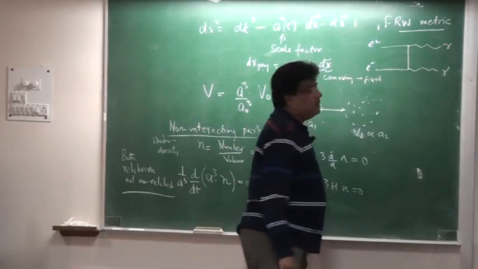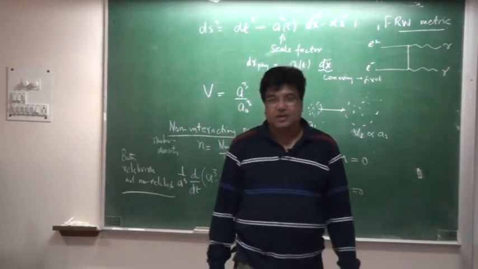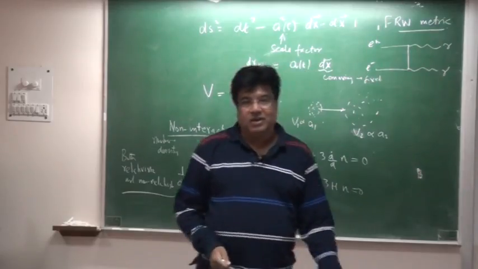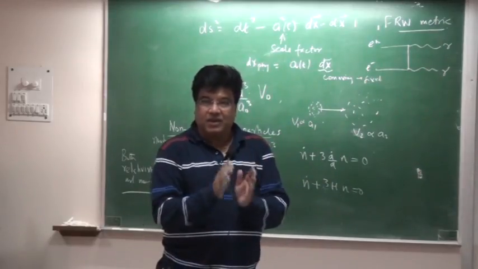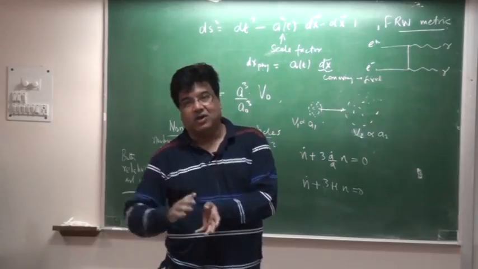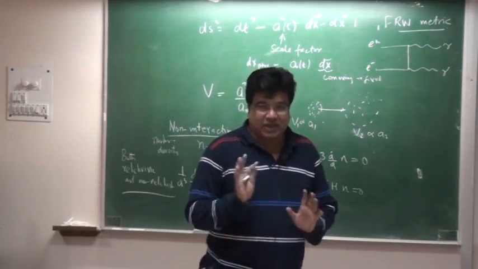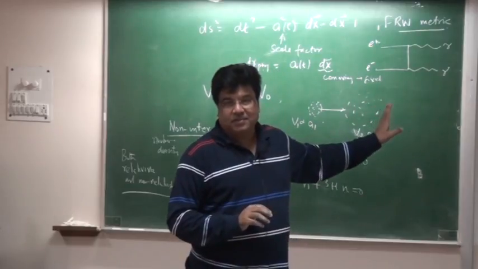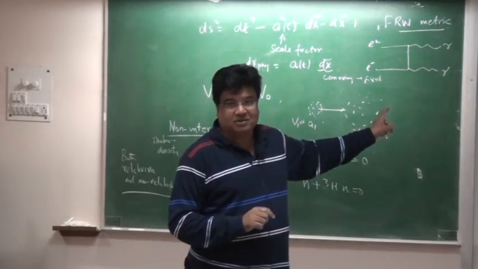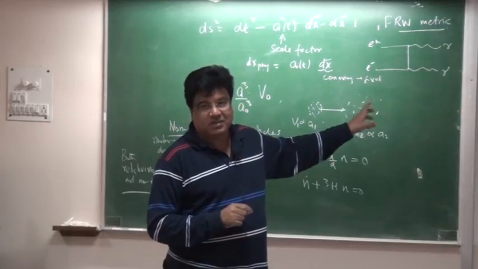So this is an interaction. If this interaction is allowed, then when the temperature falls below their mass, E plus and E minus will all become photons. But supposing you assume that this interaction is not there, or it is ineffective, and I'll tell you what it means to say that something is ineffective.